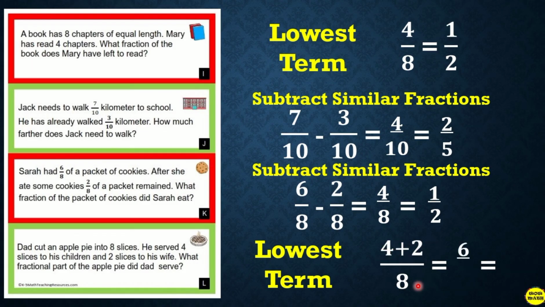And then, copy the denominator kasi we have 4 over 8 and 2 over 8 dyan. Okay? So, 6 over 8, we can still simplify 6 over 8. We can divide it by 2. So, 6 divide 2, that is 3. And 8 divide 2, that is 4. So, therefore, 3/4 is the fractional part of the apple pie na sinerve ni Dad.